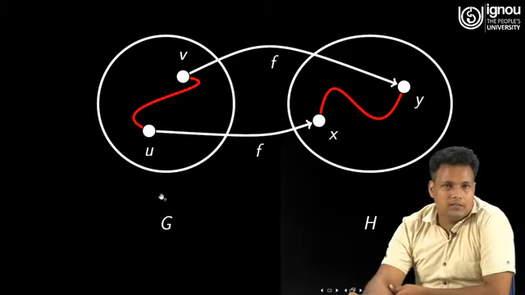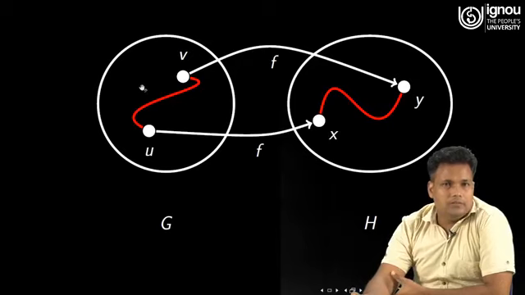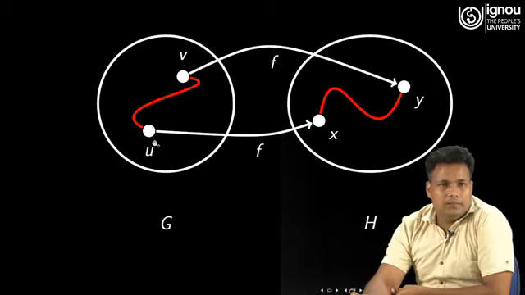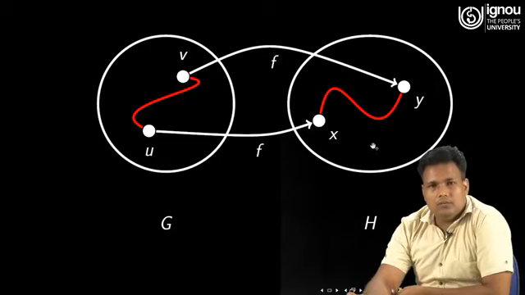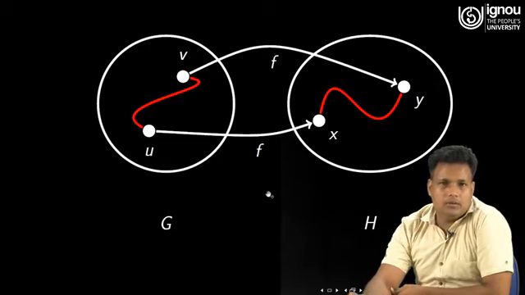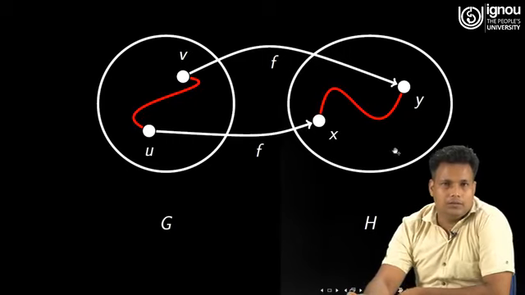If G has any particular cycle or any particular path, H would also have that particular path or cycle. If G has any induced subgraph, H would also have that induced subgraph. That means whatever property G possesses, H would also possess if G and H are isomorphic.